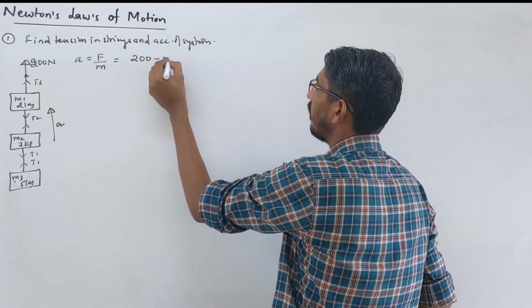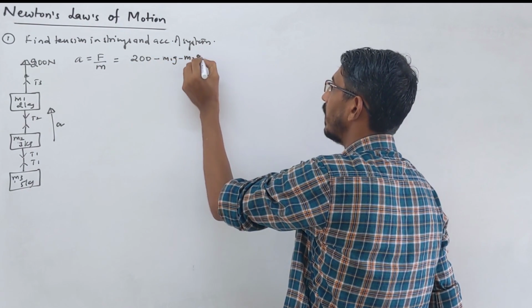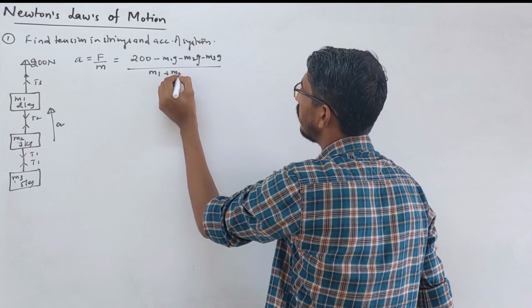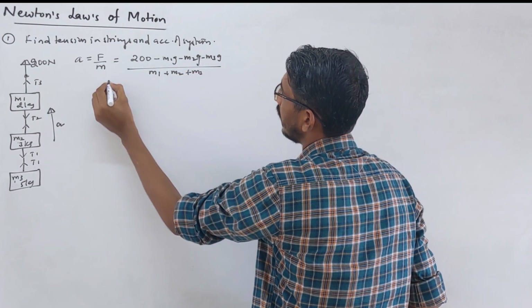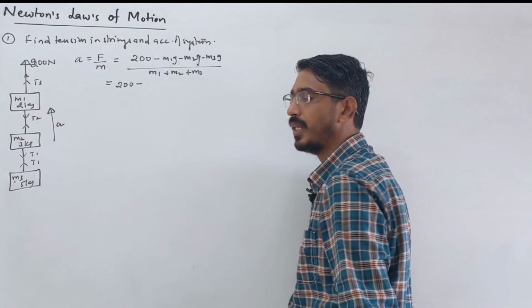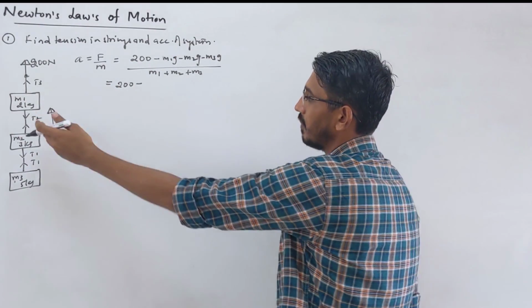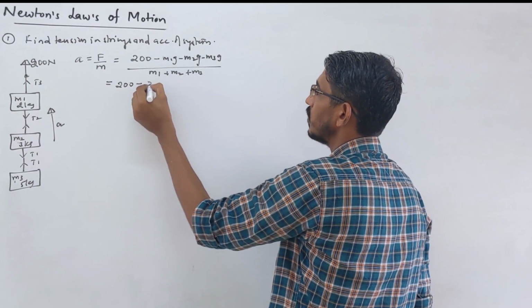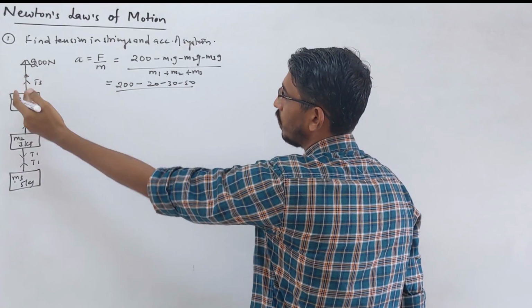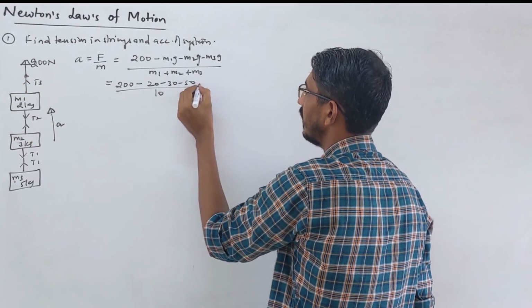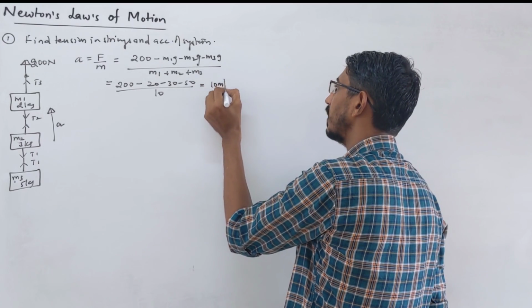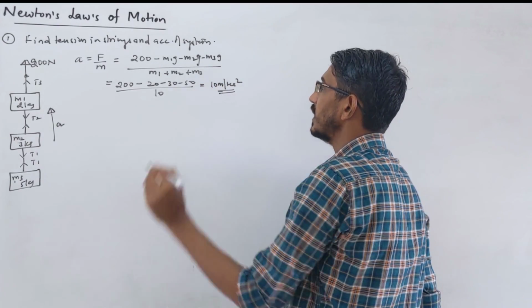So it becomes 200 minus m1g minus m2g minus m3g, all divided by total mass m1 plus m2 plus m3. 200 minus 20 minus 30 minus 50, by total mass 2 plus 3 plus 5, which is 10 kg. So this becomes 100 by 10, which is 10 meter per second square.